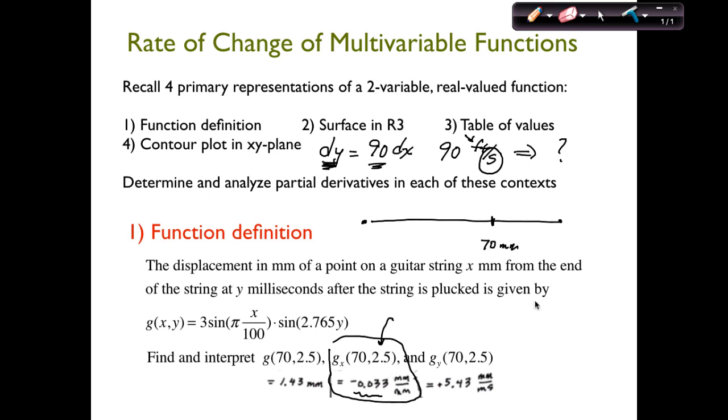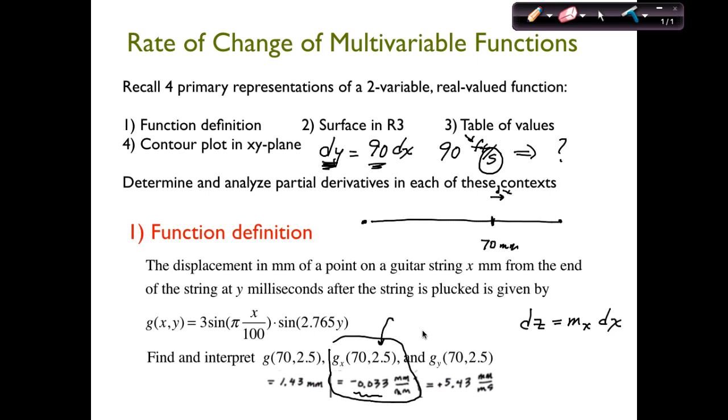Right? dz equals mx dx. Given a little change in distance down the string, the change in displacement will be negative 0.033 times as much as your change in distance down the string.